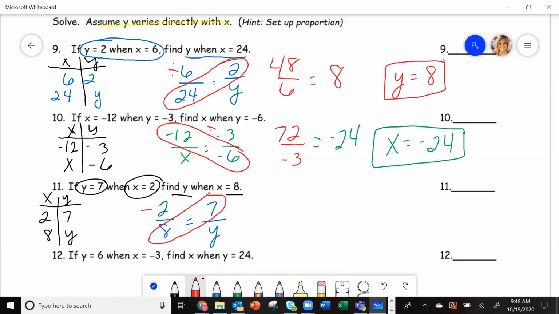Cross multiply and divide. 7 times 8 is 56, divided by 2. So 56 divided by 2 gives you 28. So my answer is y equals 28.